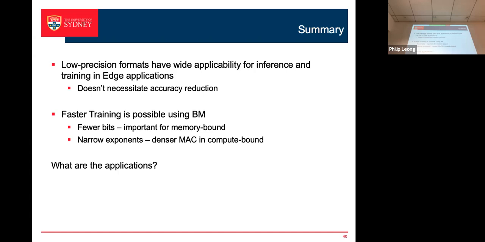Or we can increase the parallelism in another dimension, for example, channel dimension or spatial dimension. We can lower the cost in the bit width, but increase it in another dimension. So we can still get the same thing.